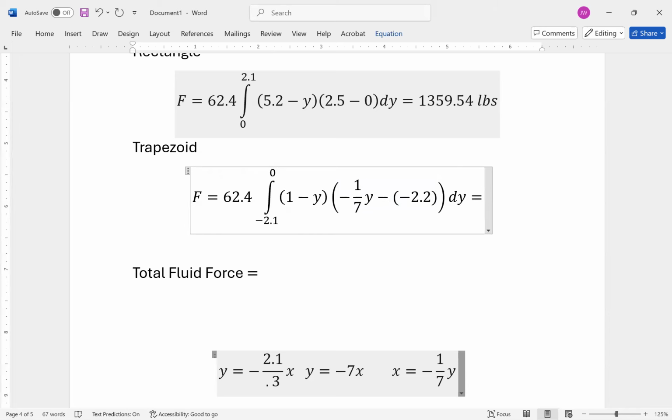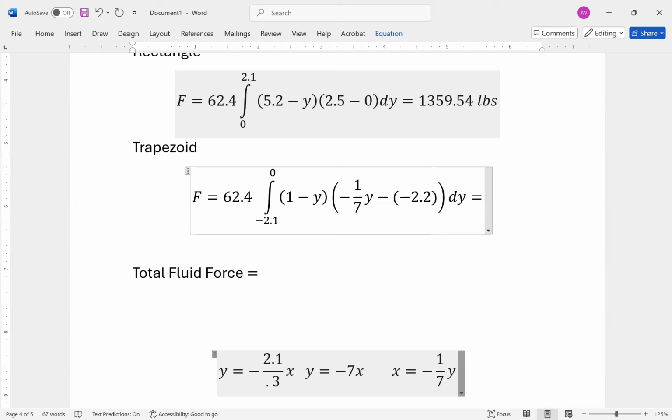You can do this by hand in a fairly straightforward manner, but again, I tend to use my calculator. So go ahead and do that.